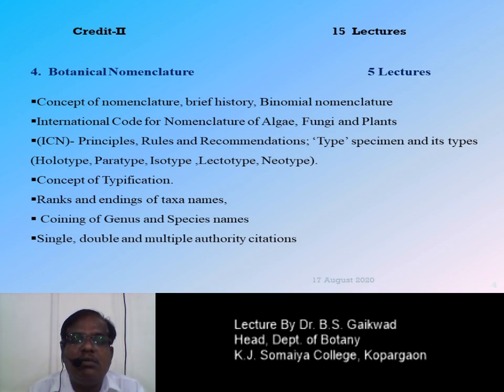Then a very important thing is the ICBN, the International Code of Botanical Nomenclature. This botanical nomenclature must be discussed for algae, fungi, and different types of plants. Then the next one is the ICN, the International Code of Nomenclature.